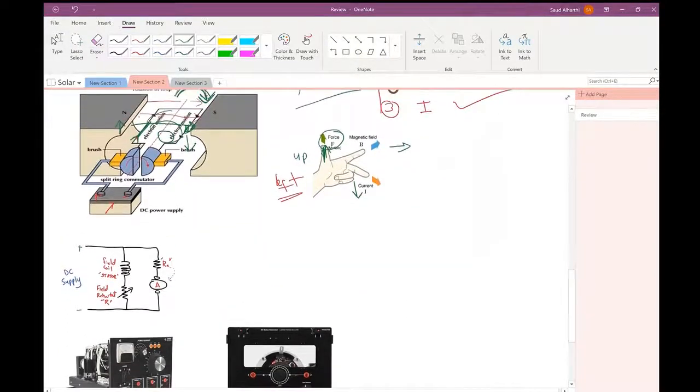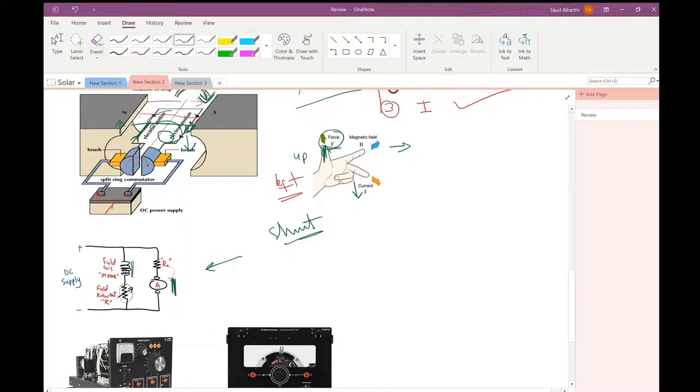Let's take this circuit diagram. In our experiment, which is the shunt motor, I have to have the field coil or the stator connected in parallel with the armature.